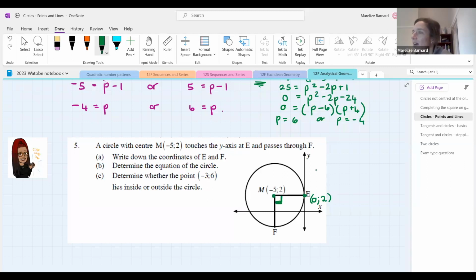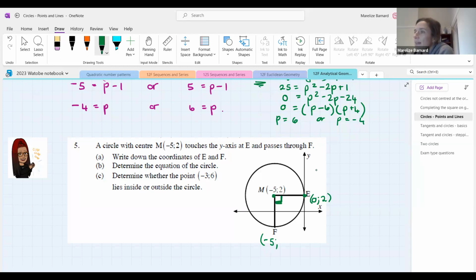Okay, let's try for F. So F is directly underneath M, so we can say that F and M are directly underneath each other.